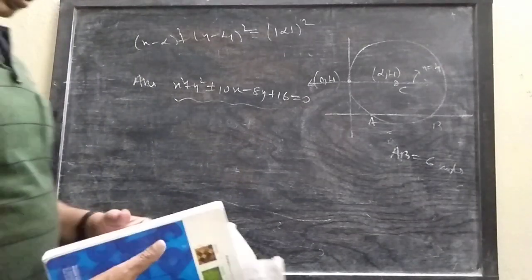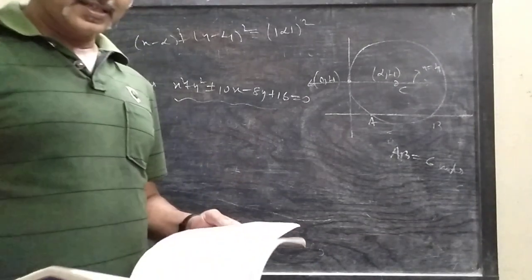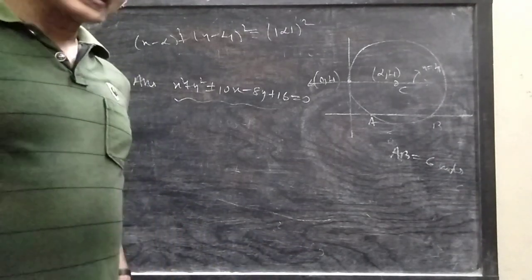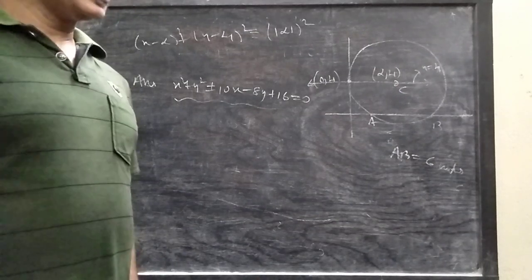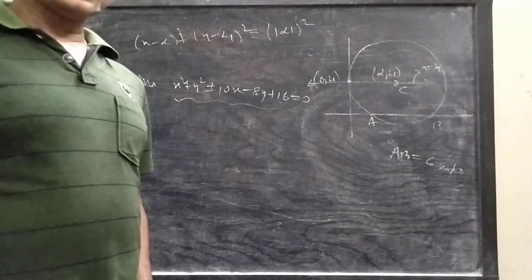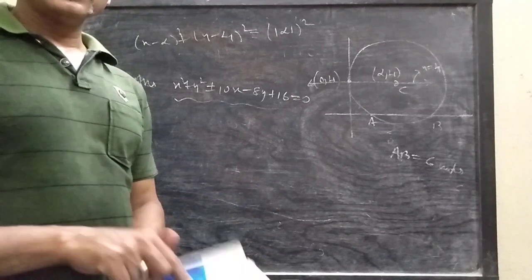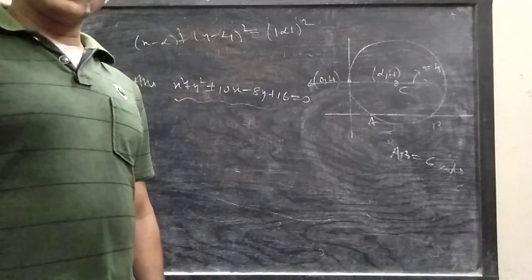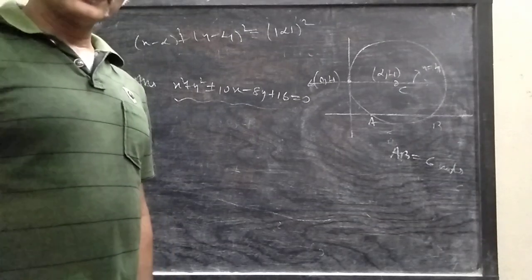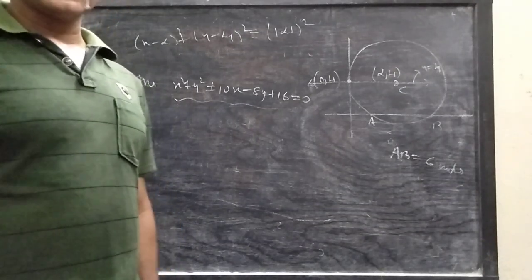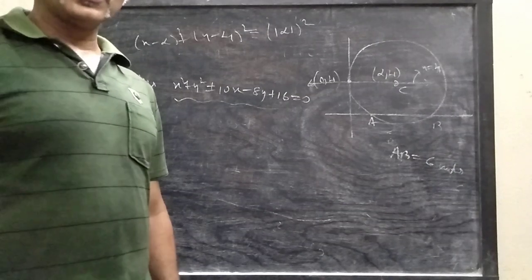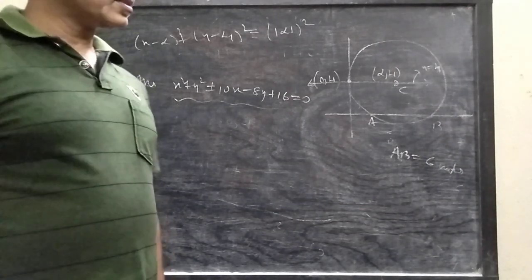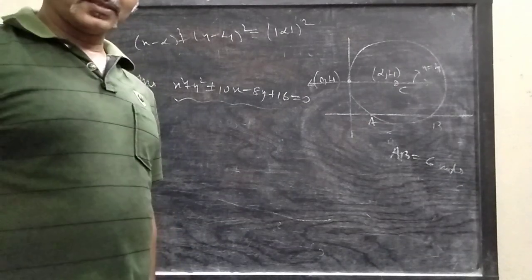So I have completed the chapter circle here. I have done the maximum possible problems that can be asked from this chapter. Now your duty is to go through all the questions of your textbook and from all other reference books. If you feel difficulty in some problems, then you can send it to me on my WhatsApp or in the school group, and then I will solve it in my YouTube class, in the next class.